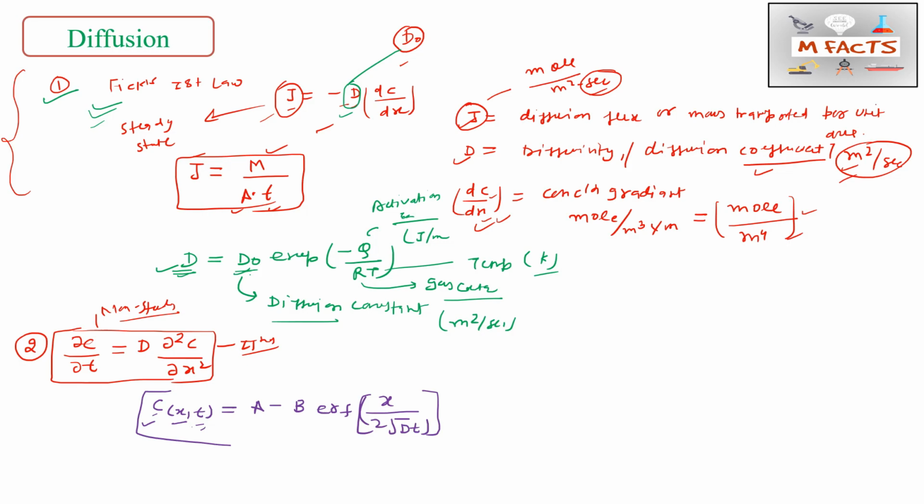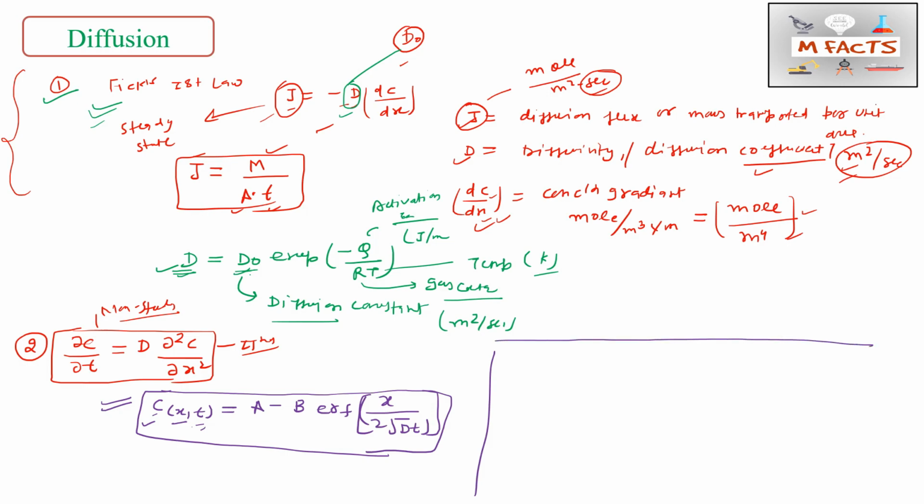This equation is very important, and its application is very important for GATE metallurgy, because sometimes they will ask questions from this formula. I will tell you how to apply it. The A value equals Cs, and the B value equals Cs minus C naught.